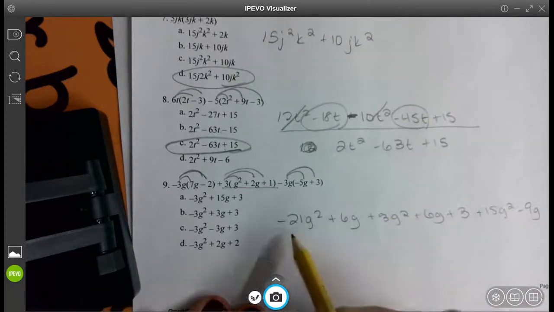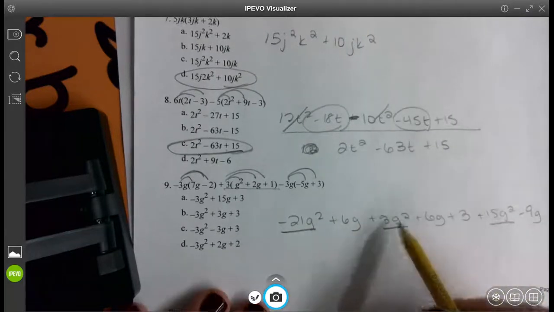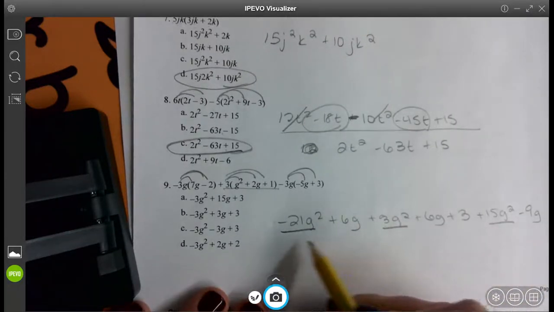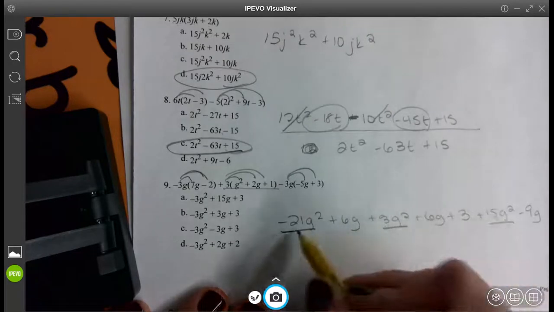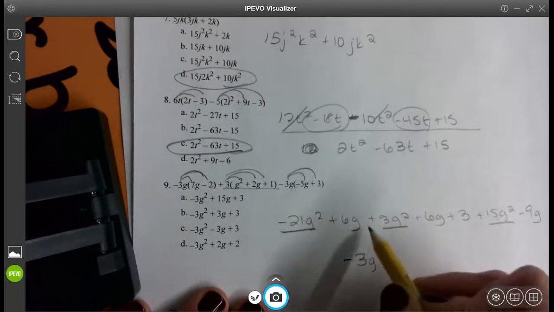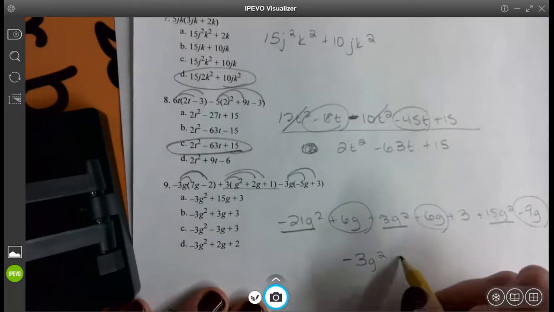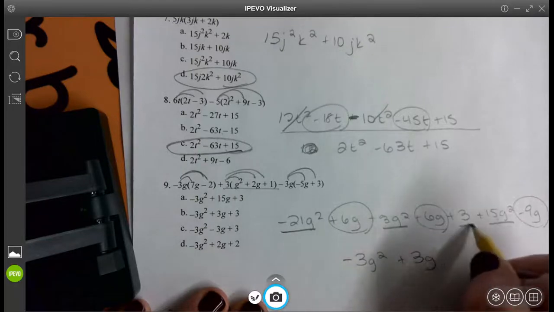Okay, that's a lot to clean up. We have a negative 21g, we have a positive 15g, and we have a positive 3g squared. So we can combine all those terms. That's 18 from a negative 21, which gives you a negative 3g squared. Then we have a 6g, which is 12 minus 9 is 3, and then the plus 3.